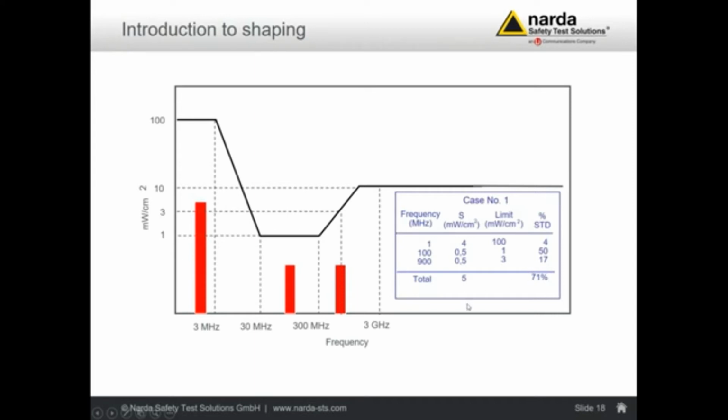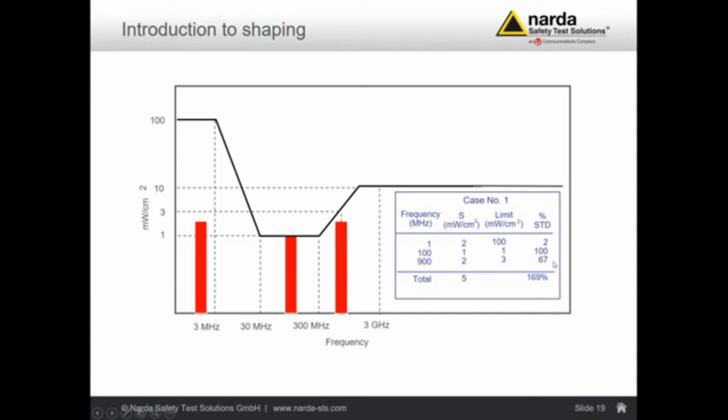No trouble. So if I now change the distribution of the signal a little bit like this, I again have here reduced power on 1 megahertz, therefore higher power at 100 megahertz and 900 megahertz. For the linear adding of the signal, again I have my 5 milliwatts per centimeter square. Again, I don't know.